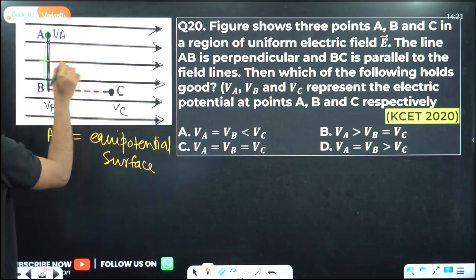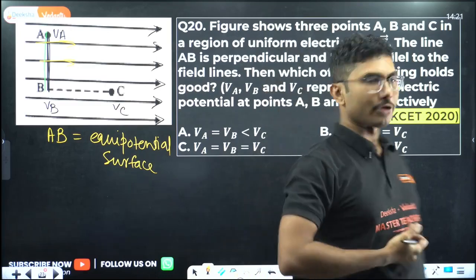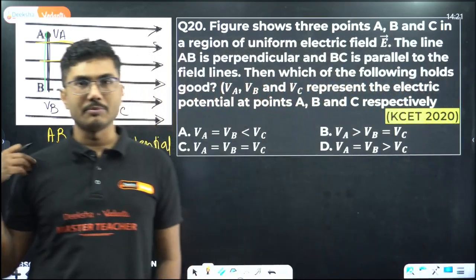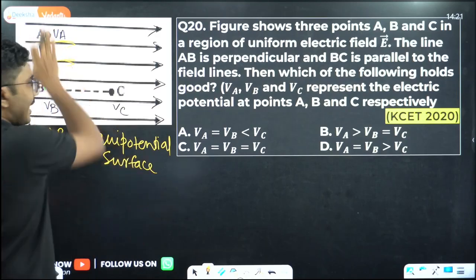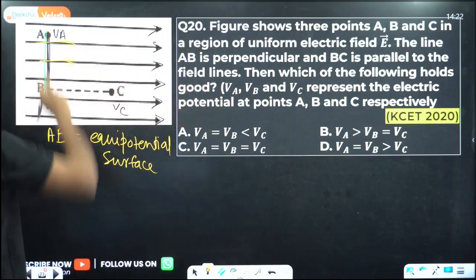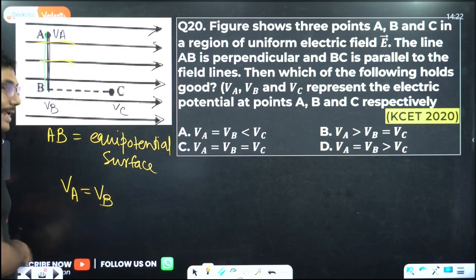Because electric field lines are perpendicular to the line AB. We know that for an equipotential surface, electric field lines are always perpendicular to it. So basically it's an equipotential line, and the potentials of A and B are the same.